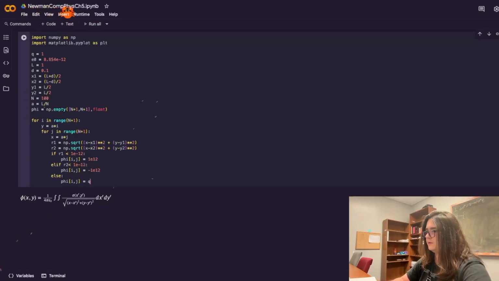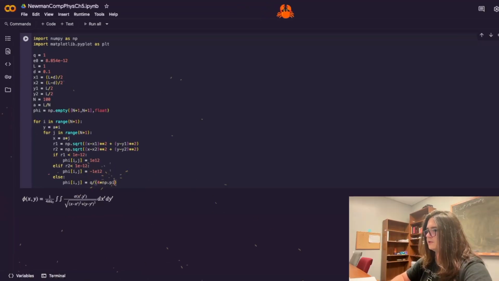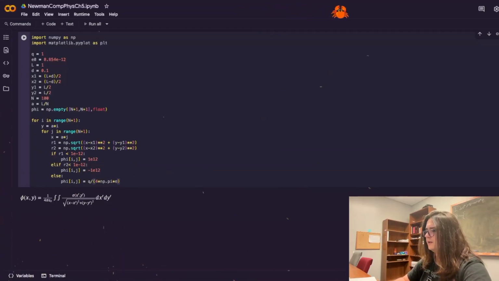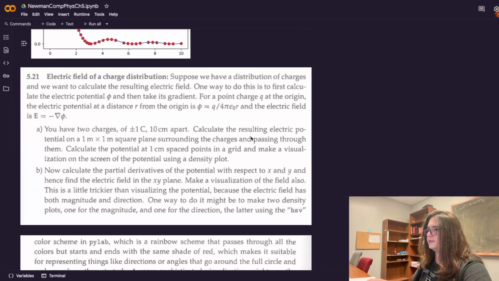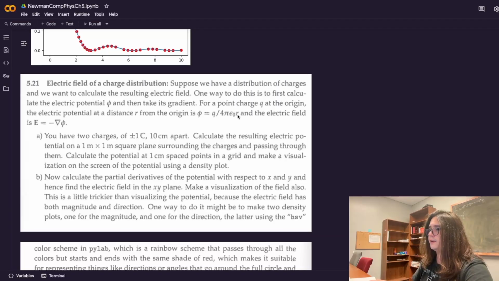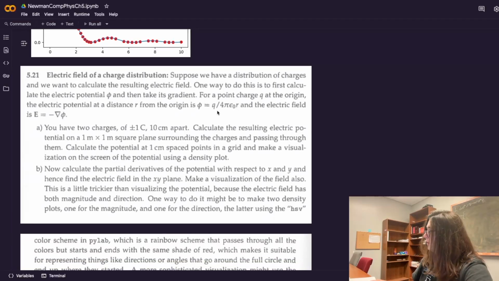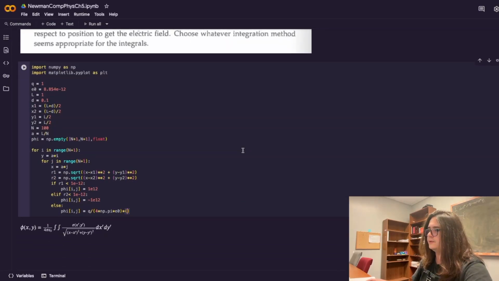It's actually Q divided by, and let me put this in parentheses, 4 times numpy's version of pi times epsilon naught, but then also times, we're going to have to split it up into R1 and then R2. The R1 has a positive Q and the R2 has a negative Q, so we'll do 1 over R1 minus 1 over R2 there.